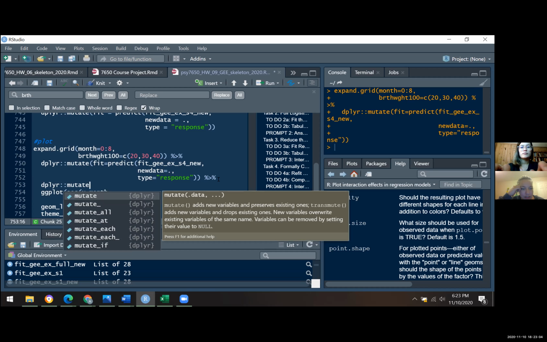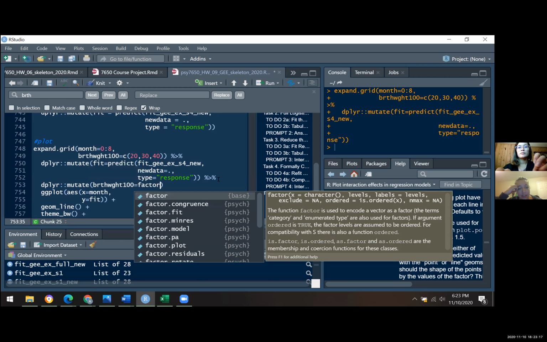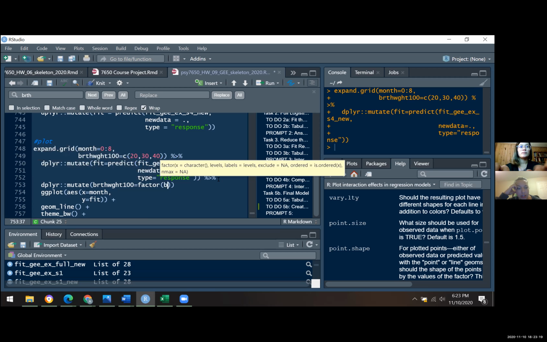mutate, open parentheses, birth weight 100 variable name equals factor, and then open parentheses and do the birth weight 100. And then at the end, do a pipe.